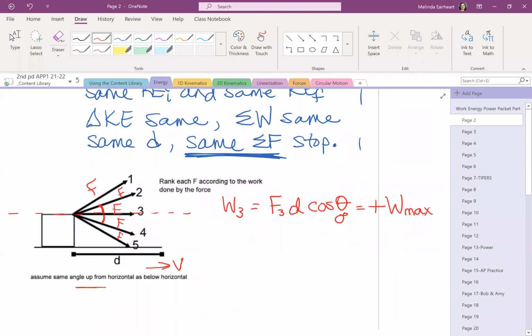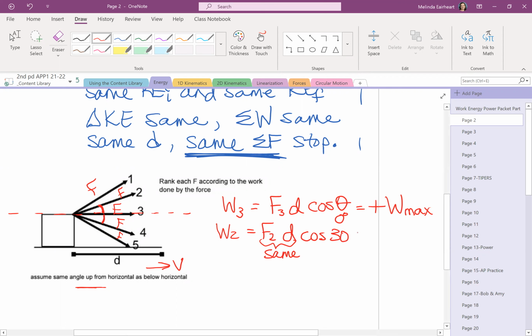Well, what about 2? Let's look at 2. It'd be the force of 2, which, by the way, the forces are the same. D is the same, but what's different? Cosine theta. Now I'm going to make a number up here just to kind of prove the point. What if we say that 2 is 30 degrees above the horizontal? So I'm going to say cosine 30.